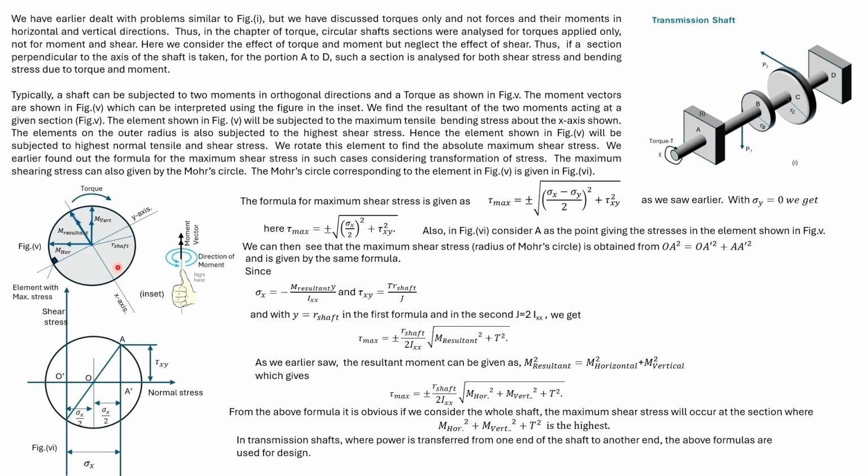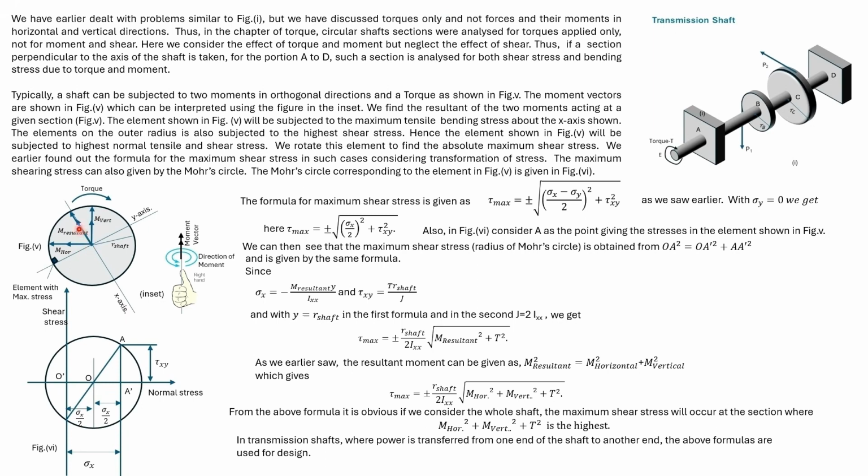Here a section of the shaft is shown. It is subjected to a torque. The inset gives the way the direction of the moment vector is obtained. One moment vector is in the horizontal direction, while the other moment vector is in the vertical direction.